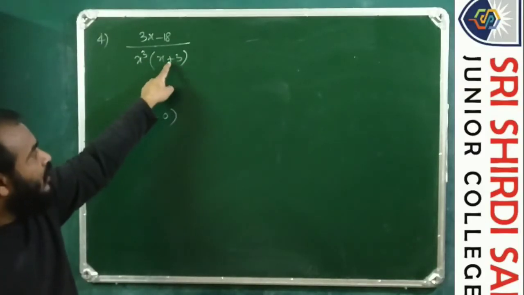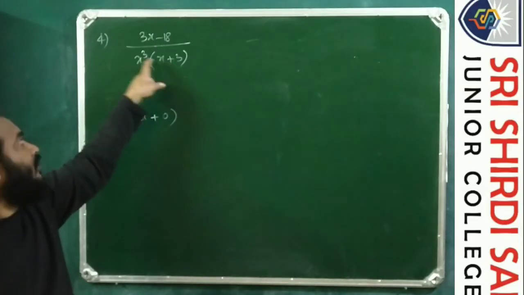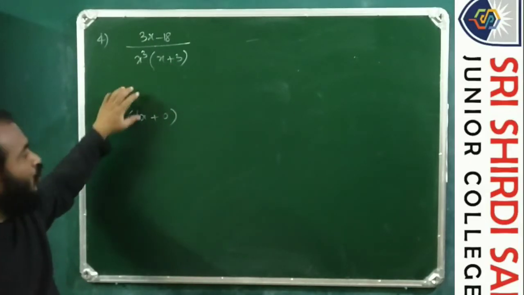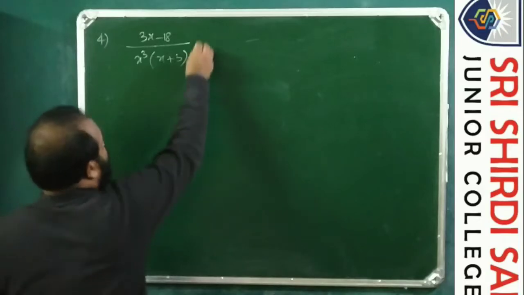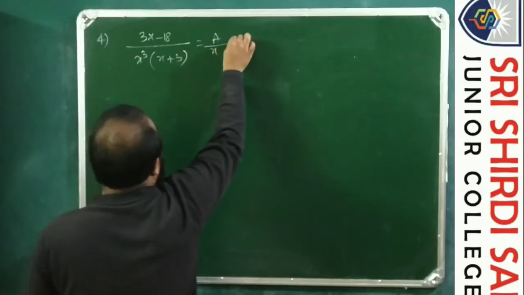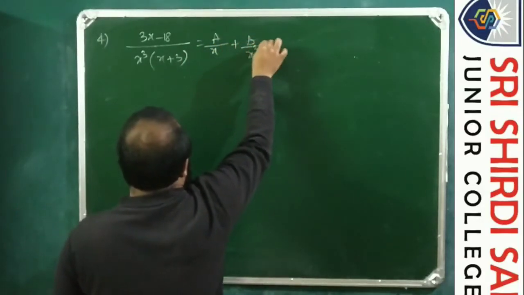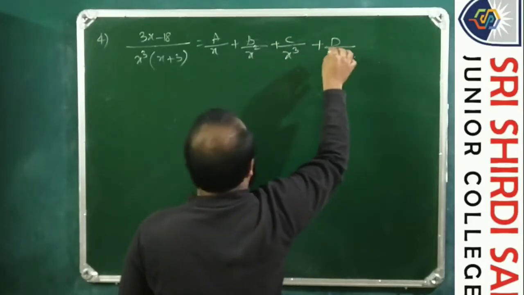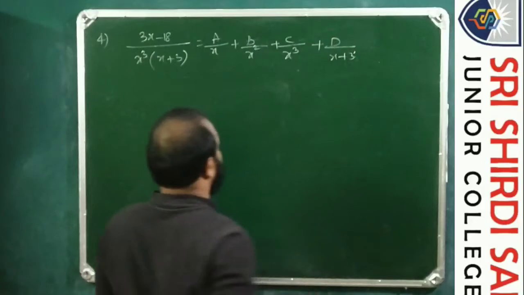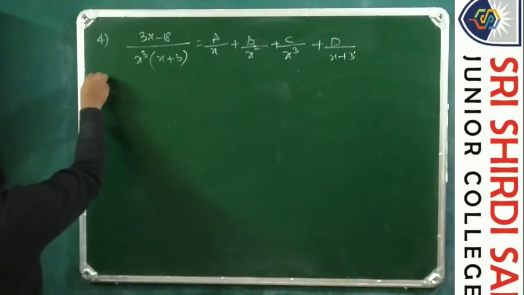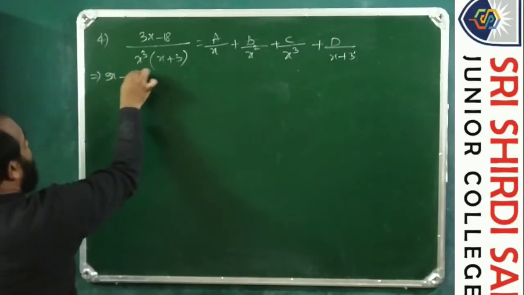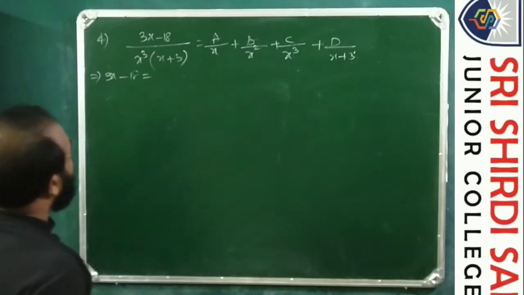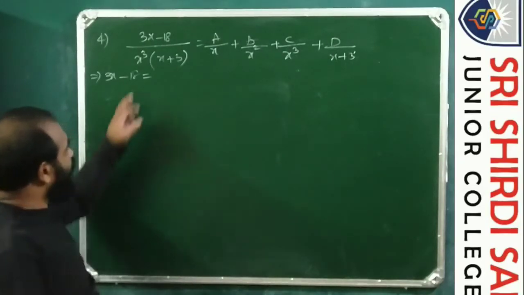So this is a non-repeated linear factor, type 1, and a repeated linear factor, type 2. So this is equal to a by x, b by x square, c by x cube, d by x plus 3. So 3x minus 18 is equal to, so the LCM is x cube into x plus 3.